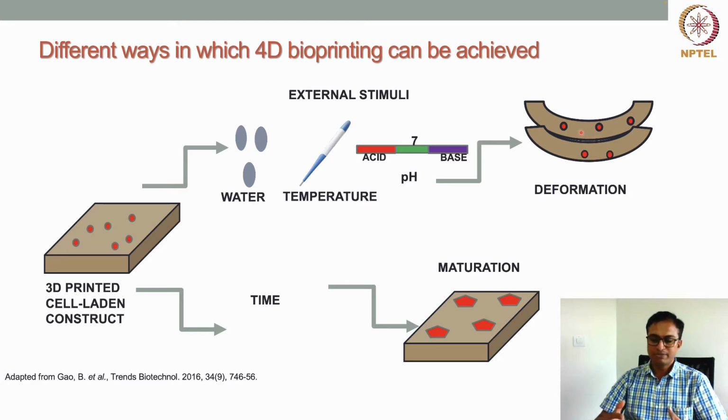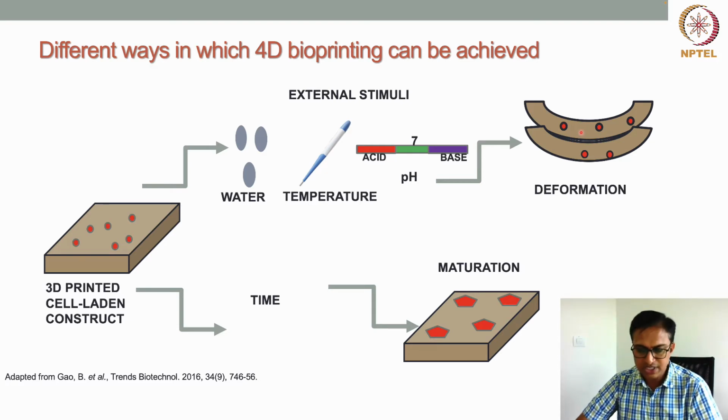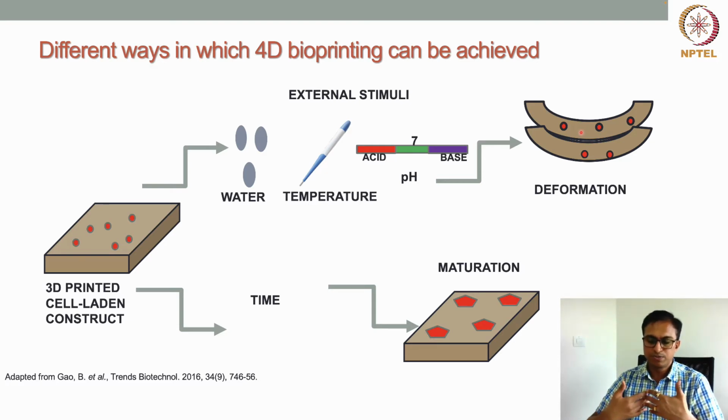Suppose the bottom layer expands more and the top layer expands less, then what will happen? Then there will be a bending of the structure.